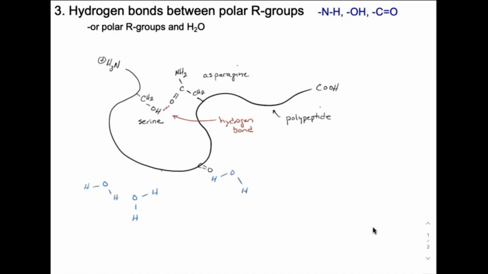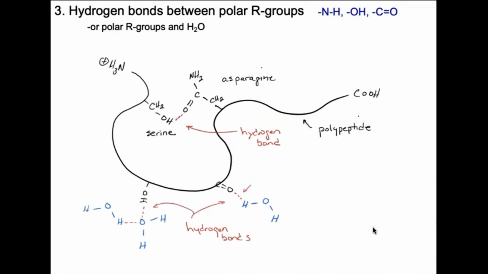So here's a polar group that could hydrogen bond with one water, and then another polar group. I just did that. I put that to the wrong part of the water. That's not a real hydrogen bond at all, is it? Well, I can fix that. So the idea being that we have various hydrogen bonds that can form to the outside of the polypeptide as well. Here, fixed. It's like magic.